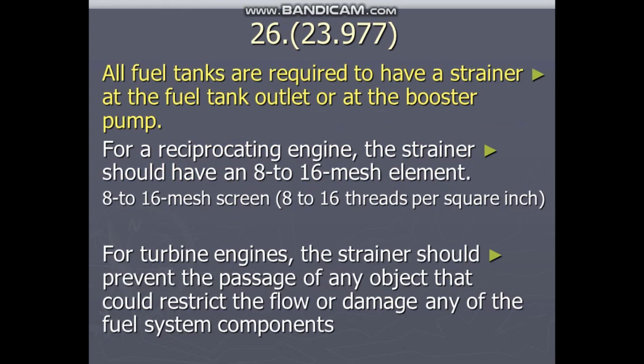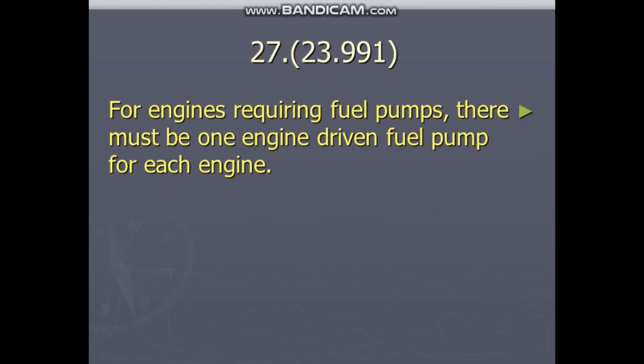For turbine engines, the strainer should prevent passage of any object that could restrict the flow or damage any of the fuel system components. 27. For engines requiring fuel pumps, there must be one engine-driven fuel pump for each engine.